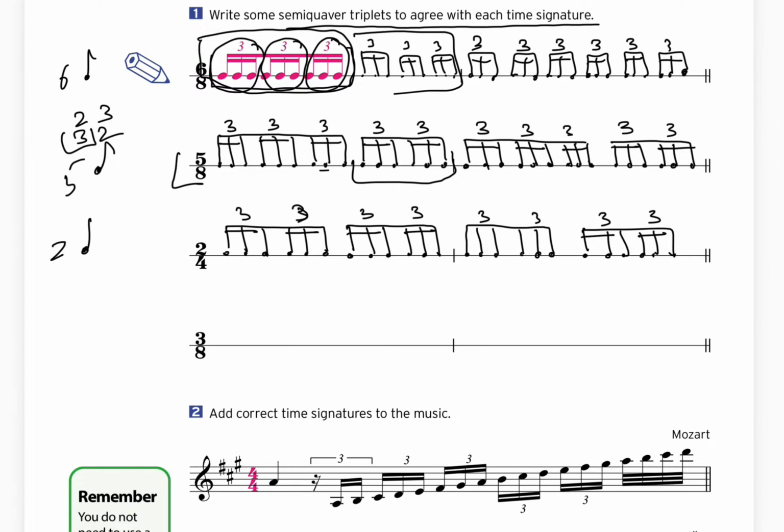Okay, so we cover our time here. Next one is 3/8, where we need 3 quaver beats. Okay, so in this one we can just write simply.